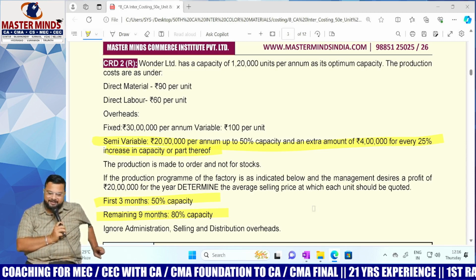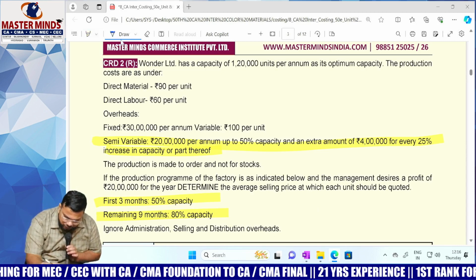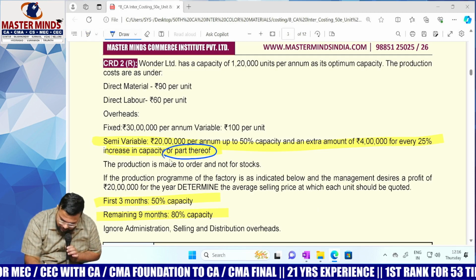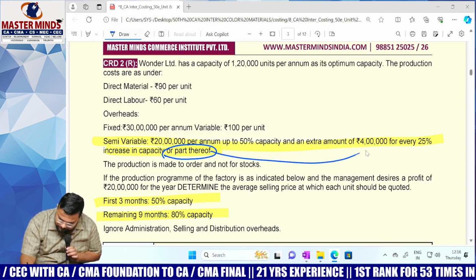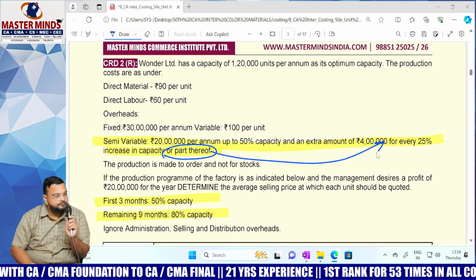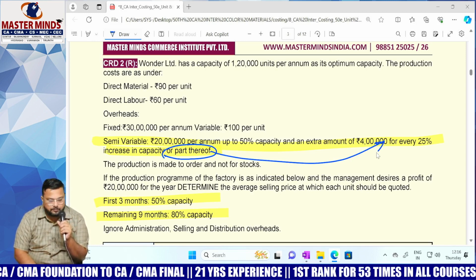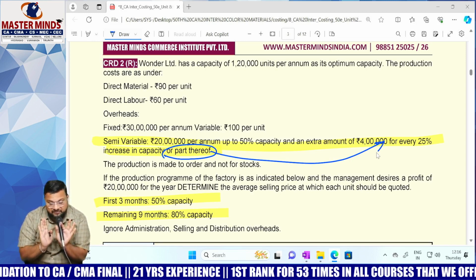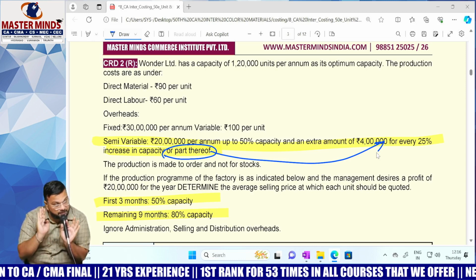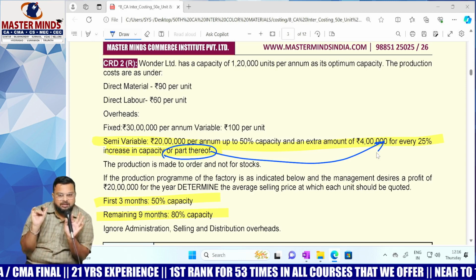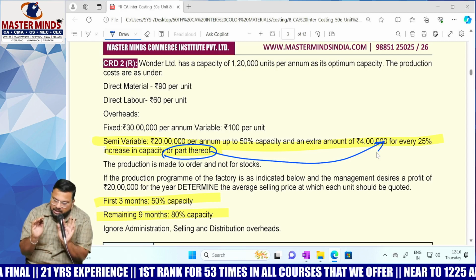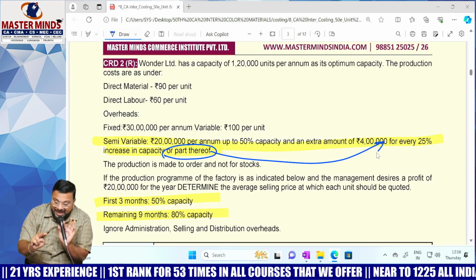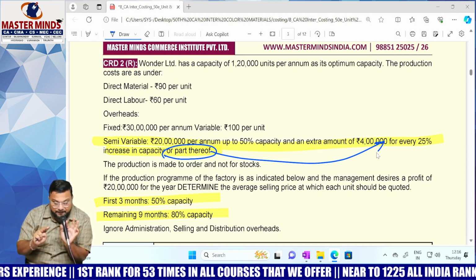If I'm not wrong, I have explained, Nana. If I change the position of this part and keep it here, see, let me make it clear. Nana. What they have given: semi-variable 20 lakhs per annum up to 50% capacity. There should be no doubt up to that point, Nana. And an extra amount of 4 lakhs for every 25% increase in capacity or part thereof.